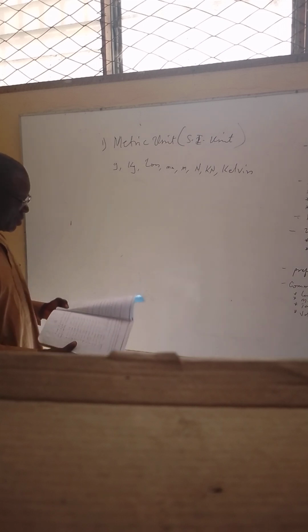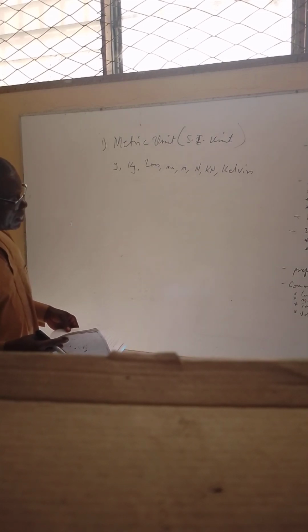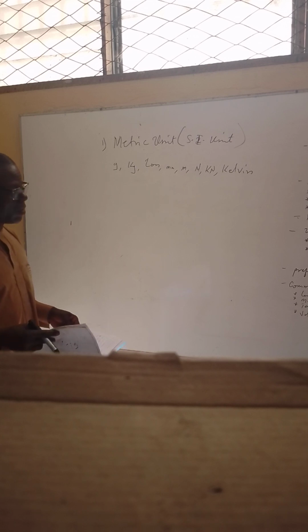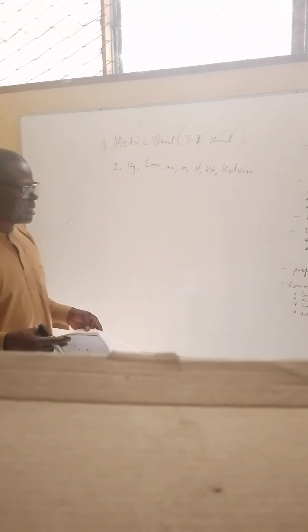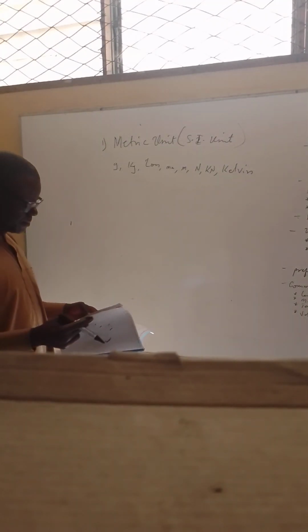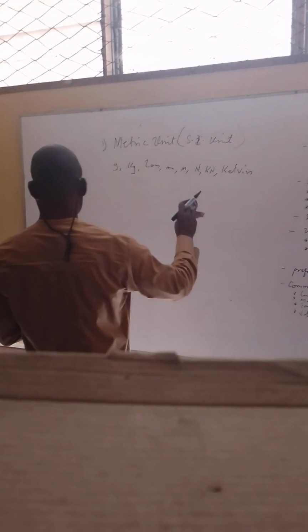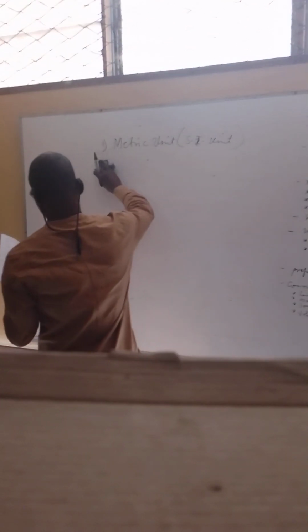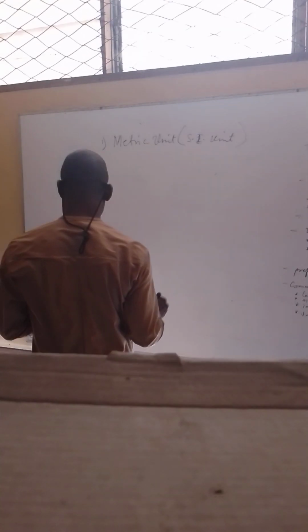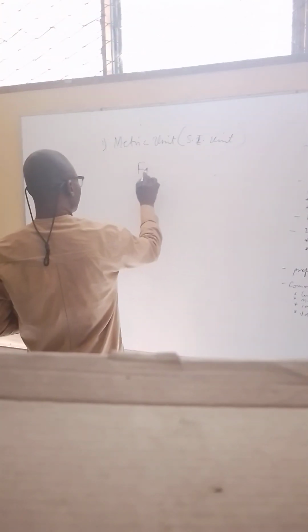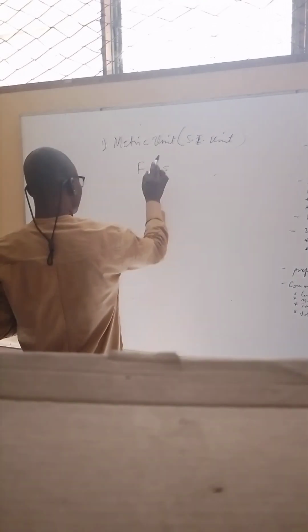Whereas the second system is the English system, or the British system, or the imperial or US customary system. And what are these? These ones are based on the FPS: the force in pounds, and the second.